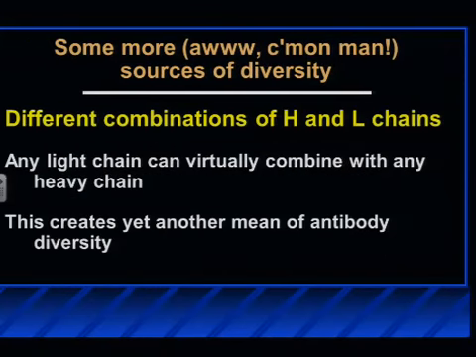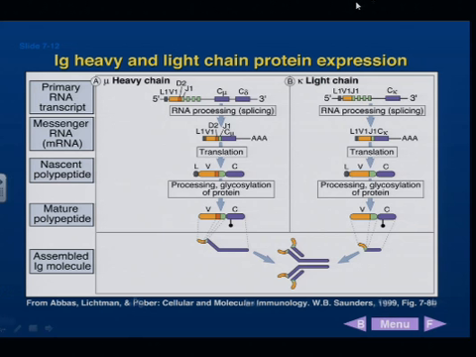And finally, all these are in a single chain, but immunoglobulins are made of at least four chains, two heavy and two light chains. So by also mixing and matching different light and heavy chains, you increase your number of possible random specificities. Here is what I just told you about the heavy chain with all the rearrangements. Here is the light chain with all the rearrangements.